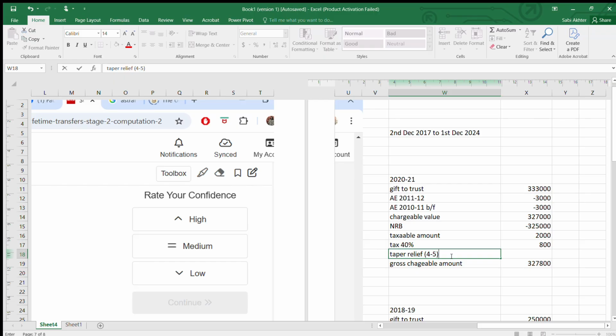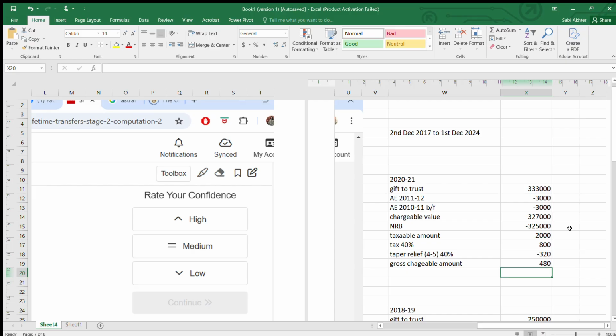So it would be at 40%. Now, minus 40%, because you'll be deducting it from the tax, 800. So it's 320. Now we'll be doing the sum function here, which is 480.